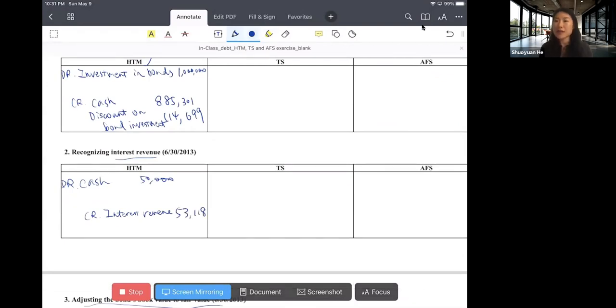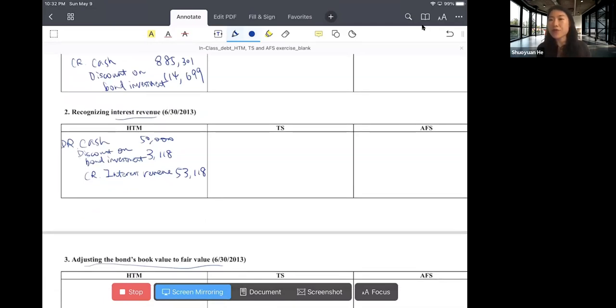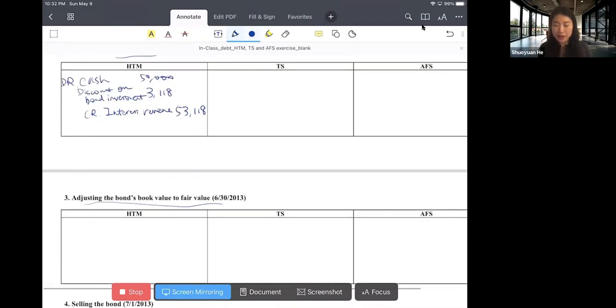And this journal entry doesn't balance. The imbalance is at the debit side for 3,118. And this is viewed as a reversal of our discount on bond investment account. So this is the second journal entry when we receive the interest payment.